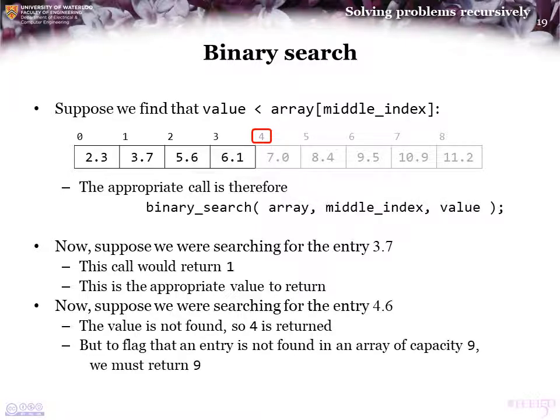But wait a second. If we are now going to say that 4.6 is not in this array of index of capacity 9, we actually have to return 9, not 4.